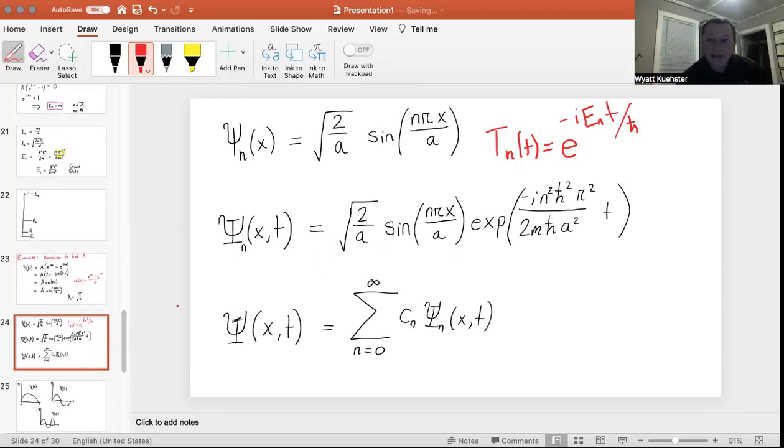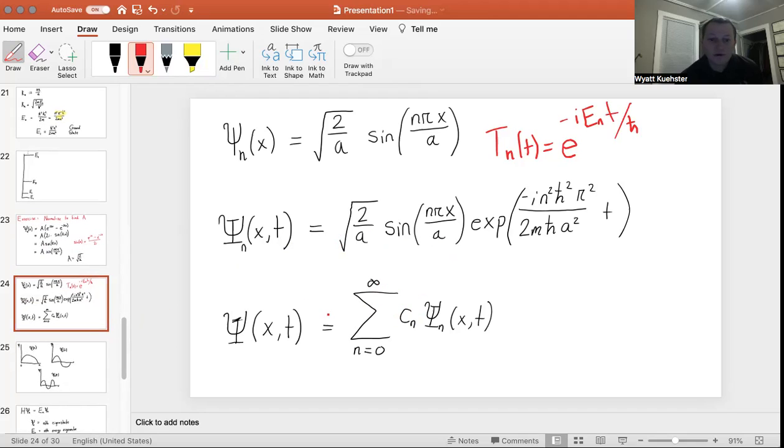And then if you have any wave function, I can write it as a superposition of these eigenstates. So I can find some coefficient Cn, so that if I sum up some infinite series of all of these big psi n's, I get whatever wave function I'm looking for.